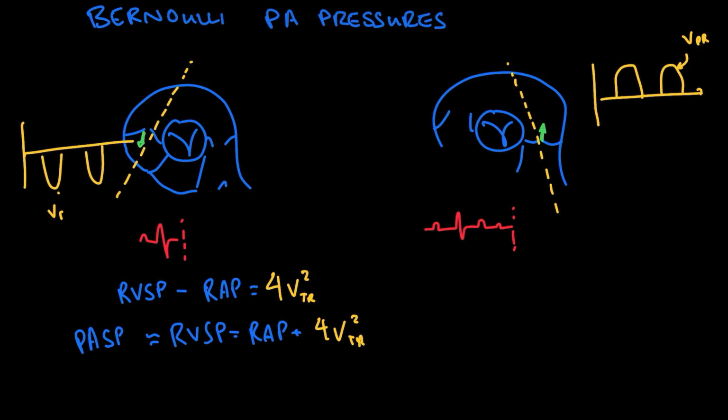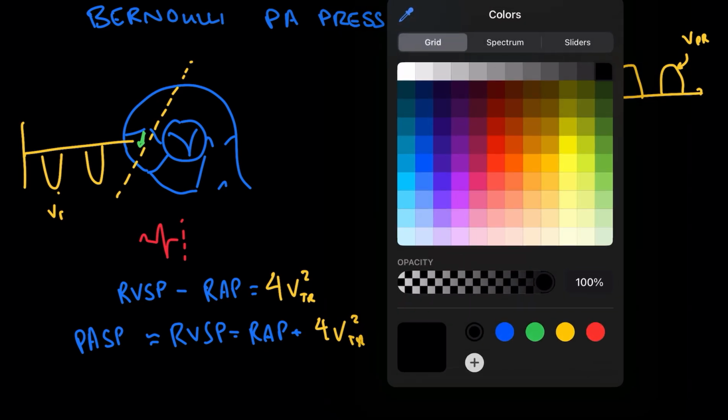Well, we can say that the pulmonary artery diastolic pressure, that's our high pressure, that's the pressure down here, pulmonary artery diastolic pressure. Let's do that in a coordinated color here.